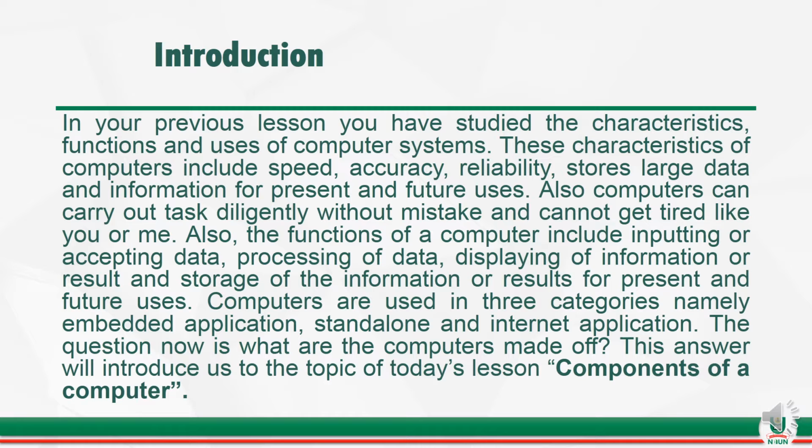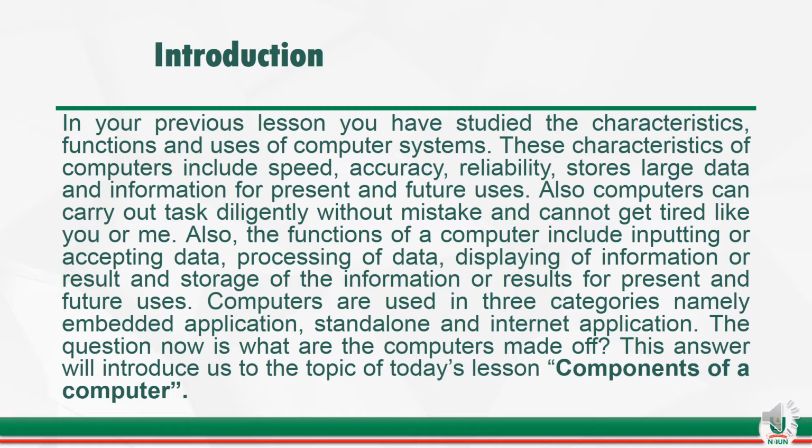In our previous lesson, we studied the characteristics, functions, and uses of computer systems. The characteristics we discussed are that computers produce information with greater speed, accuracy, and reliability, and store large data of information for present and future use.